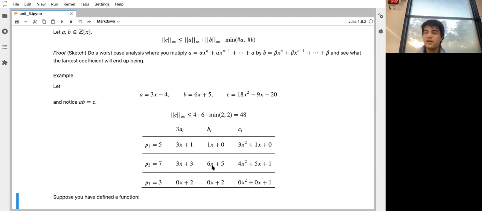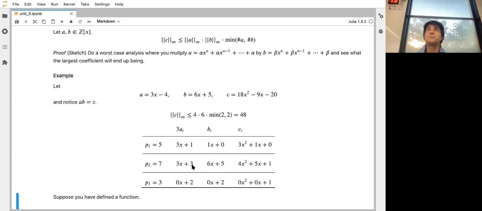That's going to be 18x squared. Mod 7 is 4, because 7, 14, remainder 4. Then you get 15x plus 18x, so I guess you get, is that correct? Help me with my arithmetic. You get 15x and then 18x, so that's 33, I think.